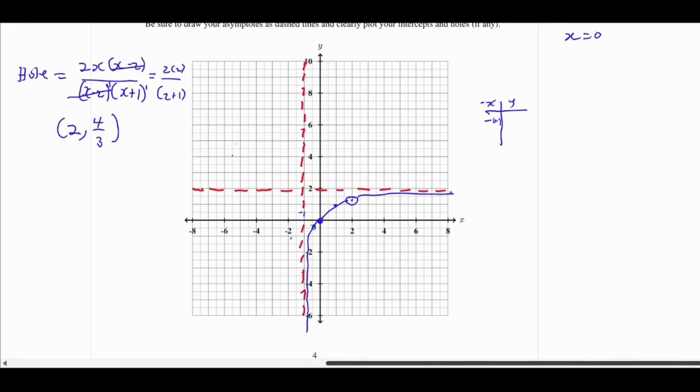So I'll test a value very close to the asymptote, and I can choose -1.1, which gives me somewhere around 22. So that will be from the positives, and as I go far away, it reduces.